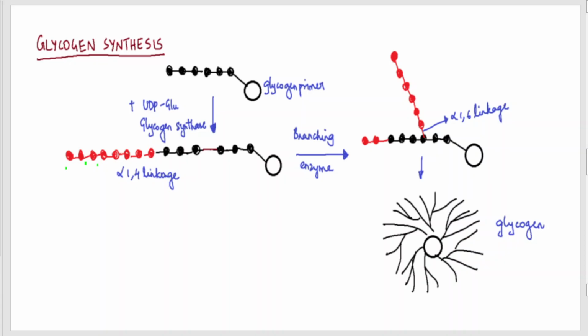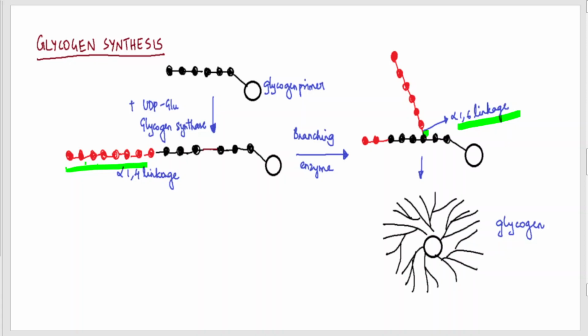When about 11 to 12 glucose residues have been added to the glycogen primer, the last 6 to 8 residues will be removed from this linear arrangement, and will form a separate branch with another molecule. In this it will form an alpha 1,6 linkage.